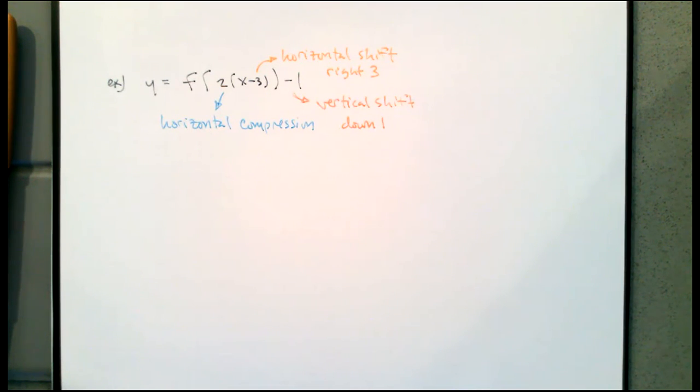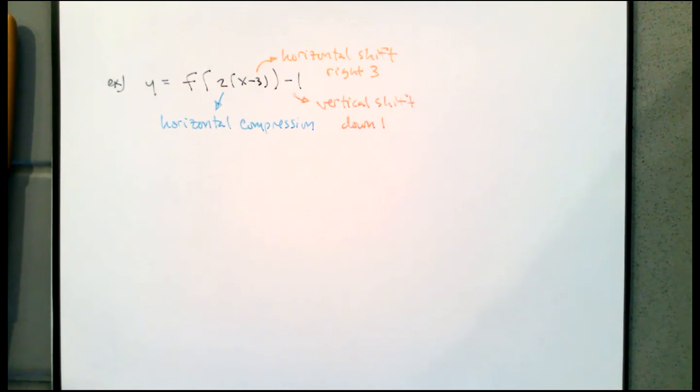Sometimes when we look at this x -3 before the function, we don't want to read that as a horizontal shift, we want to read it as moving to the right 3 units. When we read the horizontal shift, the negative comes with it. It's x minus, then whatever the shift is. It's x -3. And that's why we're moving to the right 3 units.